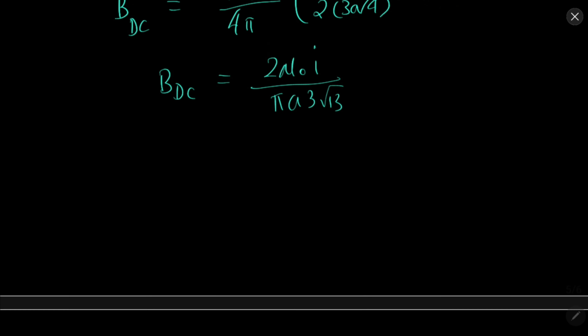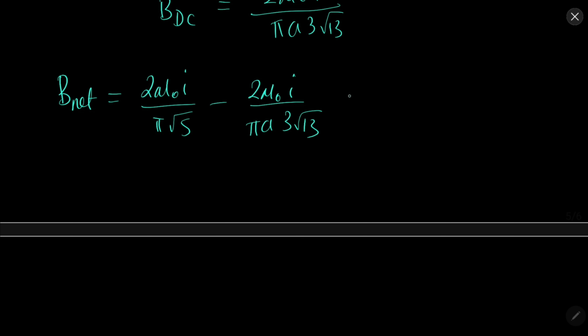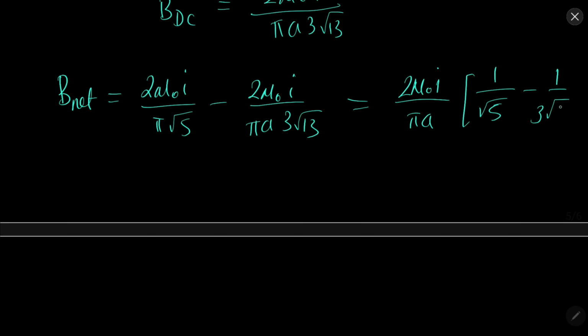So the net field, because they are in opposite directions, will be 2 mu naught I over pi A (1 by root 5 minus 3 root 13).